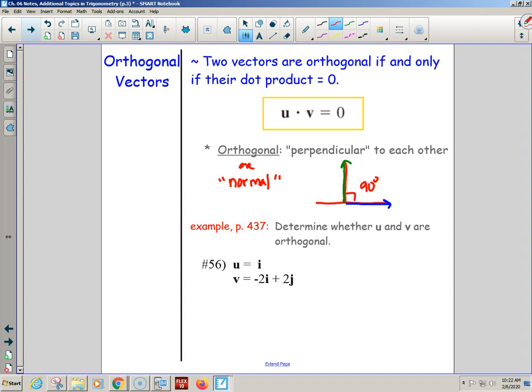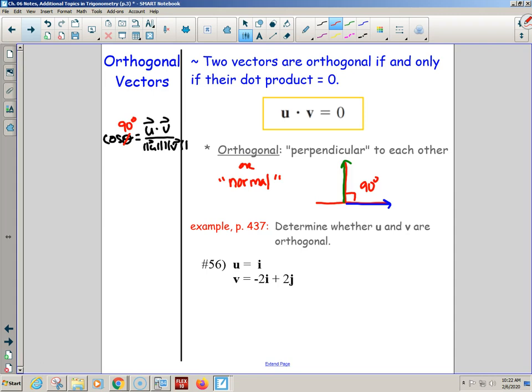So we have u and we have v. Wait a minute. If they're perpendicular, doesn't that mean their angle is 90? Didn't we just have a formula that talked about the angle between them? And wasn't it cosine of theta is u dot v all over magnitude of u with magnitude of v? What would happen if that was a 90?